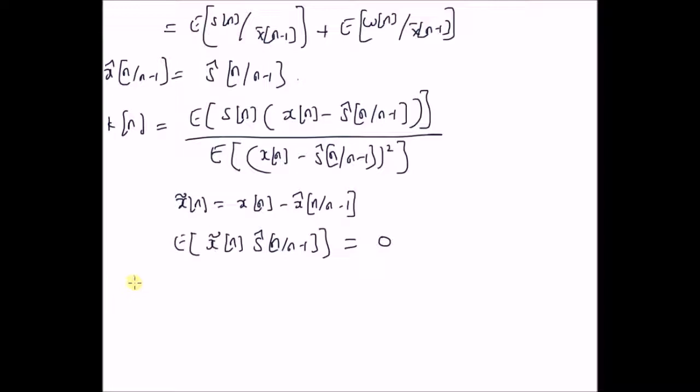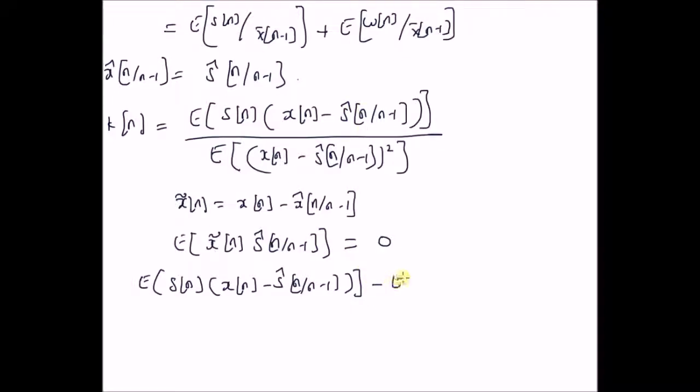The numerator becomes the expectation of s of n multiplied by x of n minus s hat of n given n minus 1. And since this term is equal to 0, we can basically subtract it from the numerator.